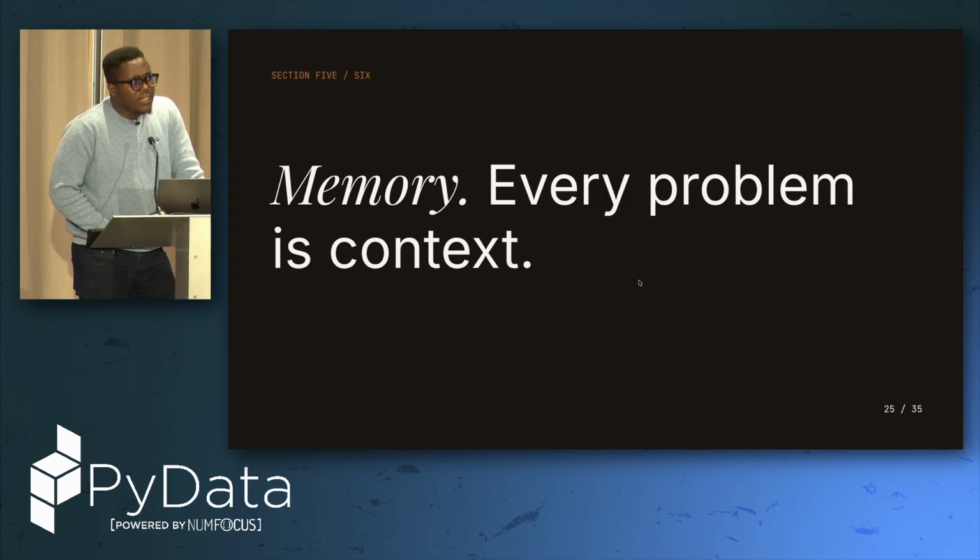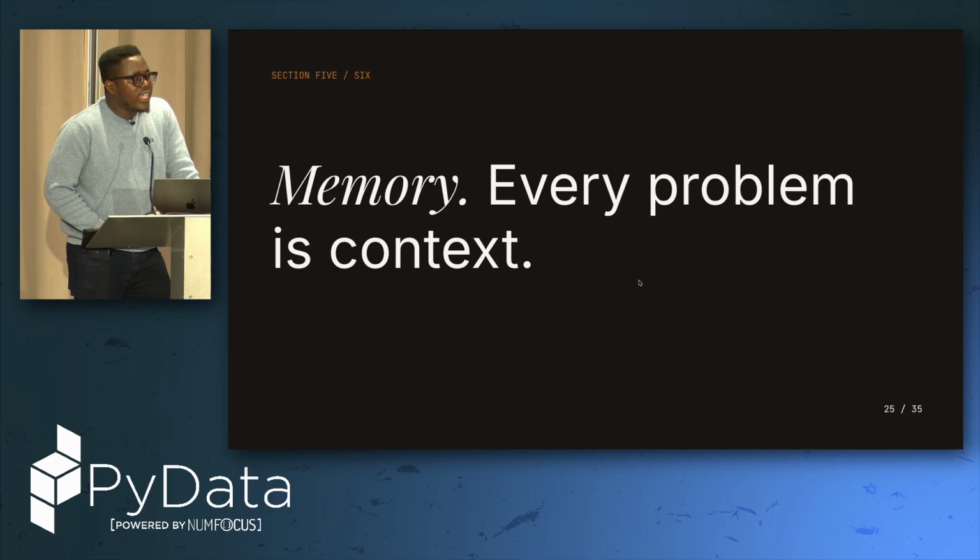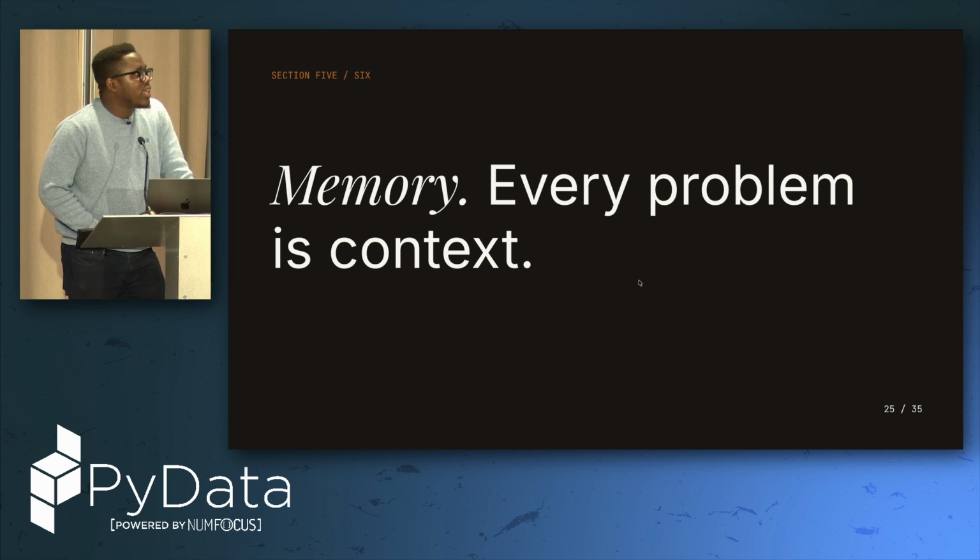One of the reasons for adding memory is this: say you navigated to a website before, for example arXiv, and I say, go to arXiv and give me the paper on Attention Is All You Need. It goes there, then clicks on the PDF.